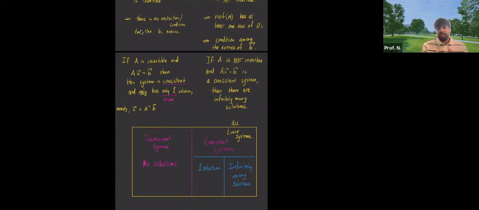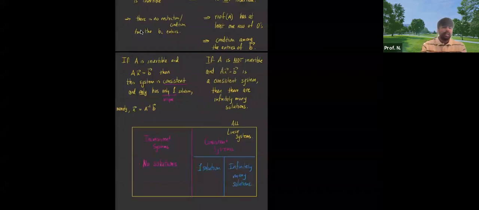Within the inconsistent systems, all of them have no solution. Within the consistent systems, either you have one solution or you have infinitely many solutions. So in a sense, all linear systems are categorized in three kinds: no solution, one solution, or infinitely many solutions.